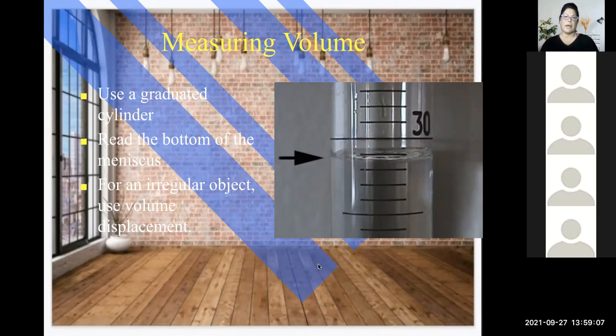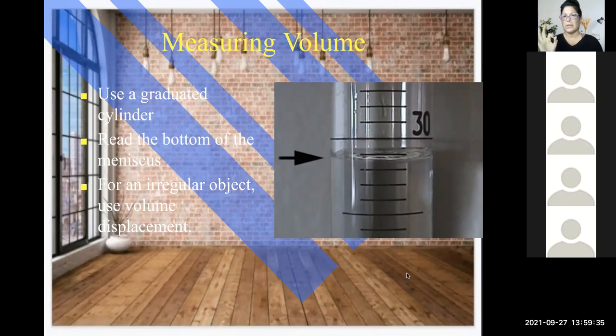There are a couple of different ways to measure volume. You can measure liquid volume by measuring it in the graduated cylinder. You can also measure volume if it is a regular shape, by calculating the length times the width times the height.